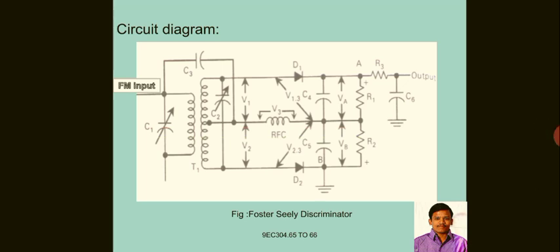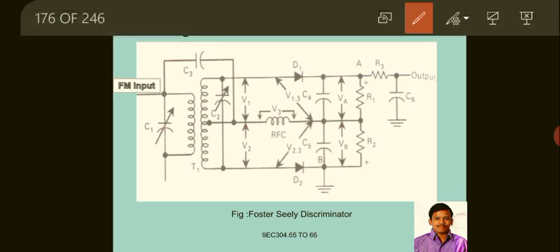If you look at the diagram, just guess where it is. This is the center tapped one, because at the secondary side there are three terminals: 1, 2, and the third exactly at the center of the secondary coil. That's why it is a center tap transformer.